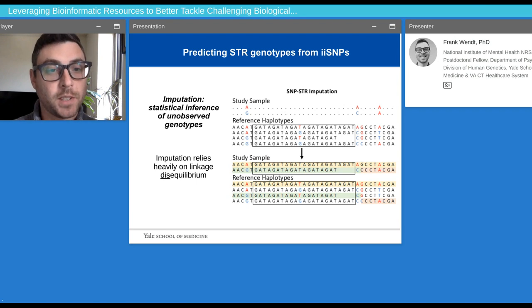And then we can basically perform a VLOOKUP, or look up our haplotype in our reference and say, okay, this matches, and then I can put a weight to how well it matches and what I think the gaps are in the STR locus.